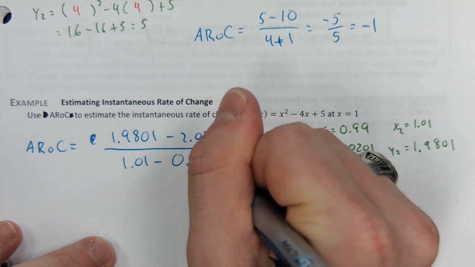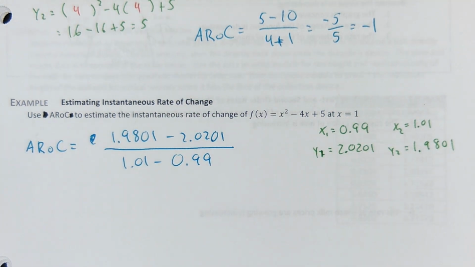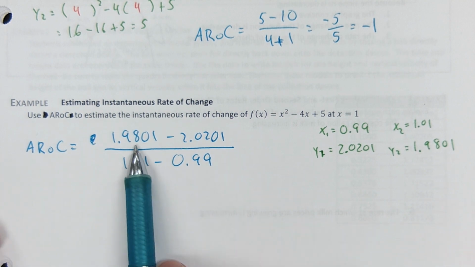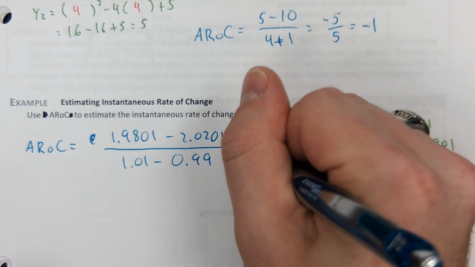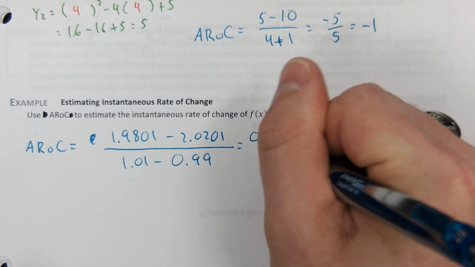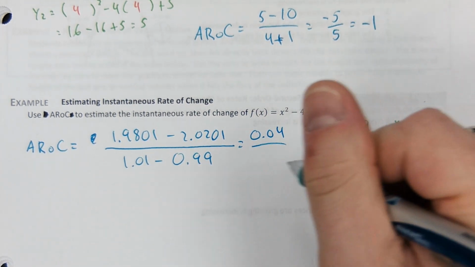Now I did do this 4th period already, so I know that this happens to be 0.04 over 0.2.